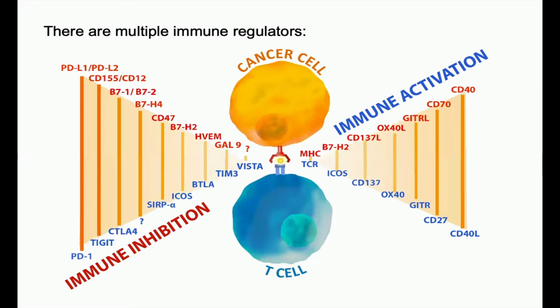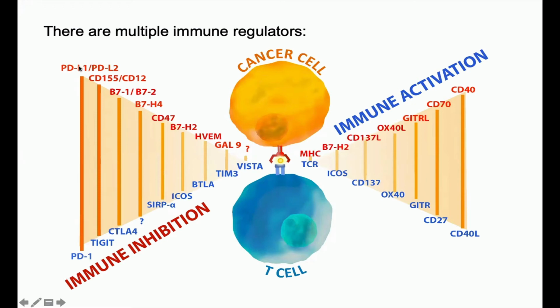But it was very challenging, as we know there are multiple types of immune cells and multiple mechanisms. Here I just want to show you the T cell. T cells throw multiple immune regulators to interact with cancer cells. A very famous one we all know is PD-L1, PD-1, right?